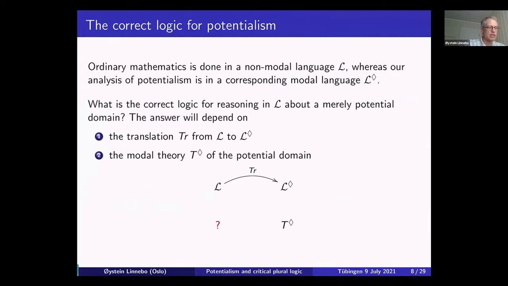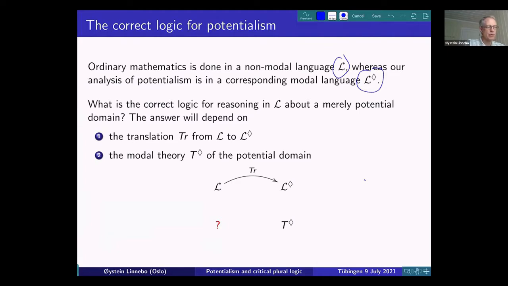And here we can now zero in on my main question. What is the correct logic for potentialism, for reasoning about a domain of objects that are potentially infinite, but not actually infinite? Ordinary mathematics is done in a completely non-modal language. Call that language L. The analysis I have outlined of potentialism is given in a corresponding modal language, where we add to L modal operators to obtain what I call L diamond.